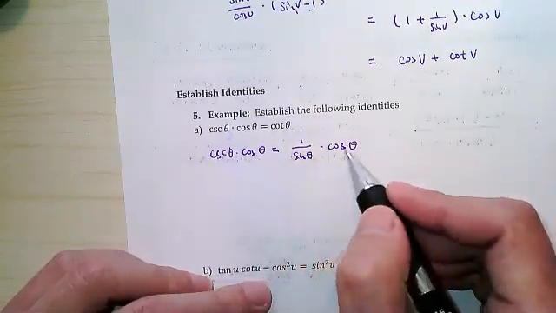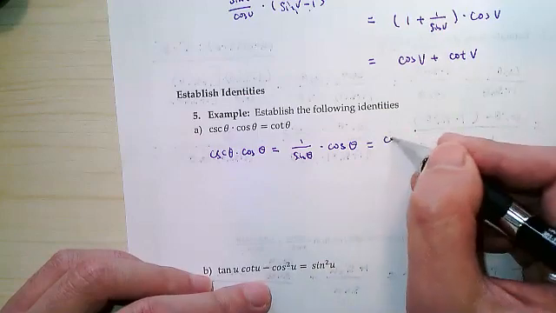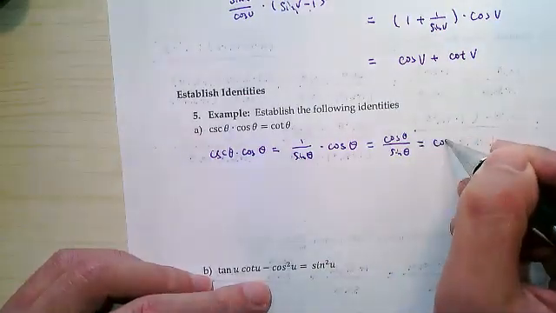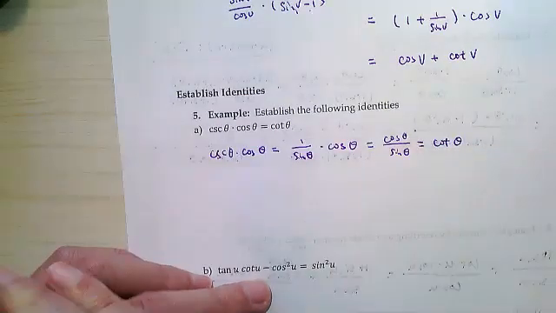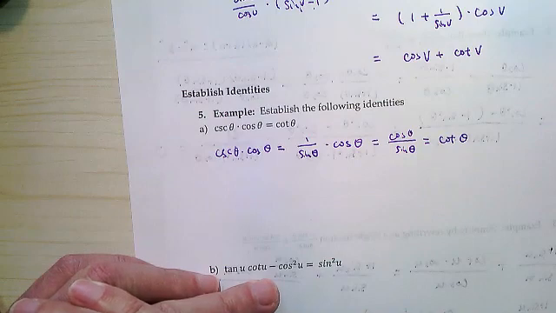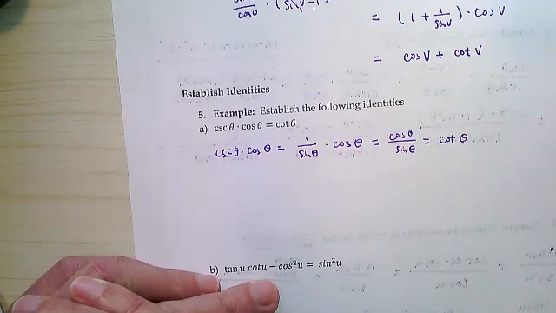So this is 1 over sine times cosine, which gives you cosine theta over sine. That is the definition of cotangent theta. That's it. Anyone has any question on this one?